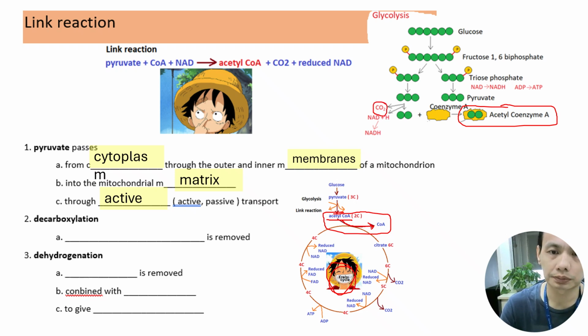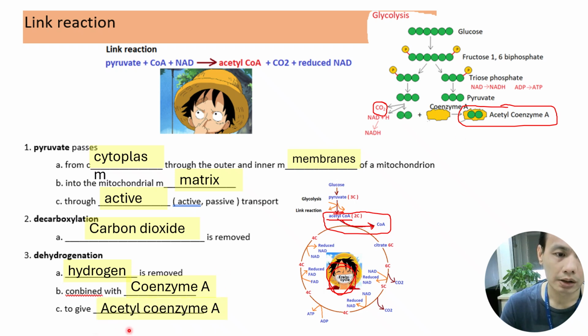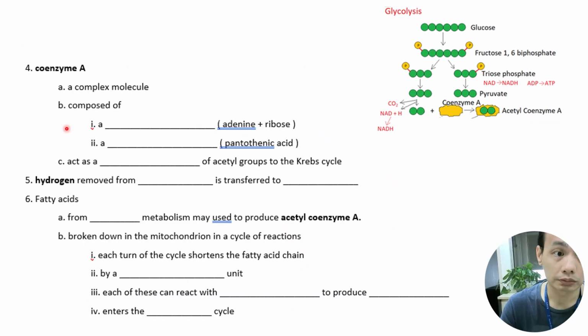Decarboxylation means this one. Carbon dioxide is being removed. Dehydrogenation, hydrogen is being removed, combined with the coenzyme A. When hydrogen and carbon dioxide are removed, these 2 circles of the green color, these particles, will combine with the coenzyme A to become acetyl CoA.